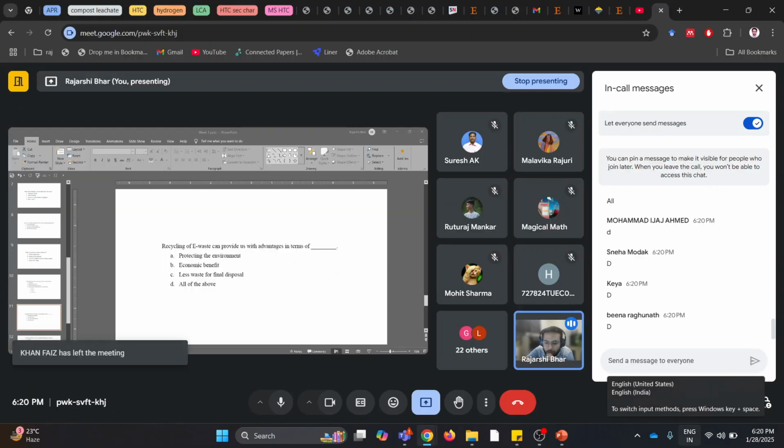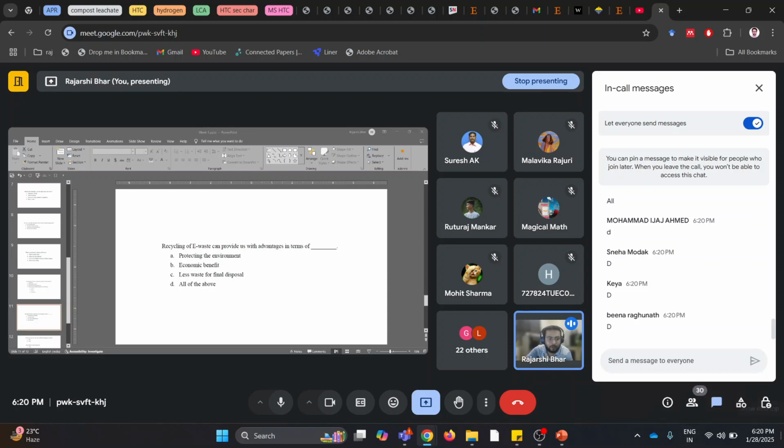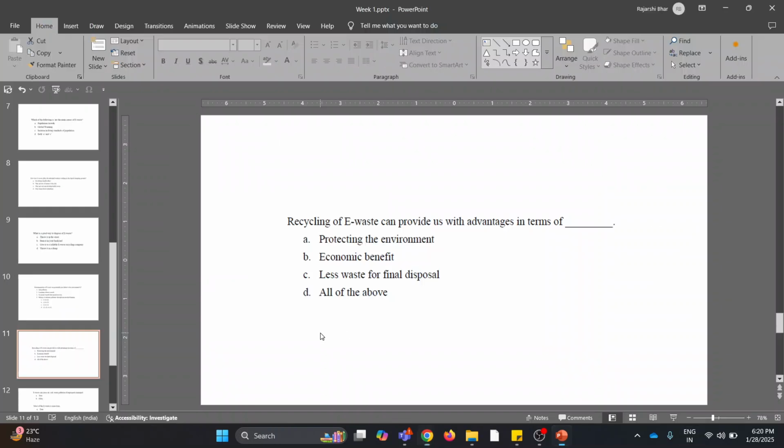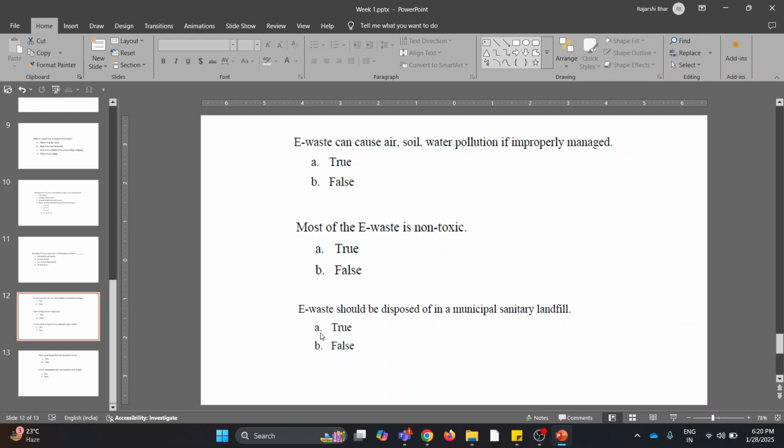Okay, so I can see that most of you have chosen option D. Let's see. Recycling of e-waste can provide us with protecting the environment. True. Economic benefit. True. Less waste. Absolutely true. So thank you for your options. Yes, all of the above are some of the very obvious advantages of recycling e-waste.